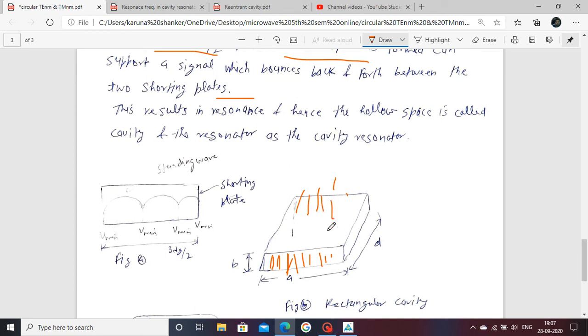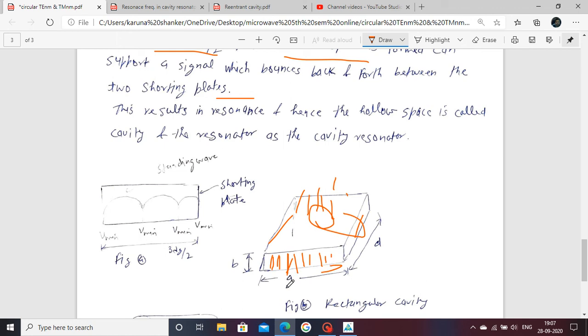This is a hollow space. These are the side arms, already closed, this is the top of the rectangular waveguide, and this is the bottom, also closed. Now this is a completed box form, a hollow space.